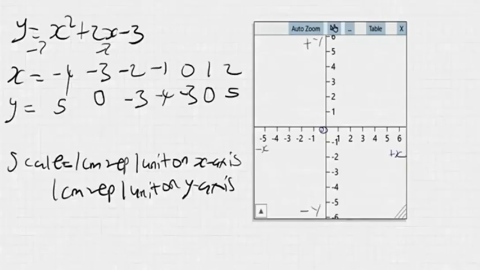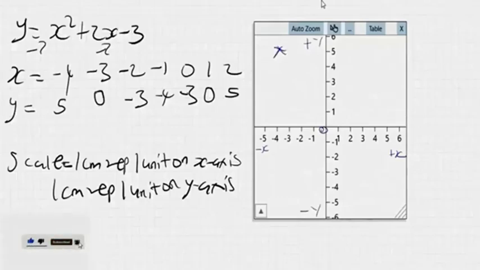Let's go ahead and get the points very fast now. When x is negative 4, y is 5. When you trace it here, this is 5, so this is where the point is going to be, somewhere here.